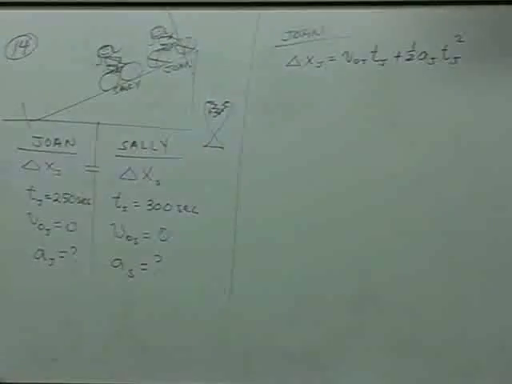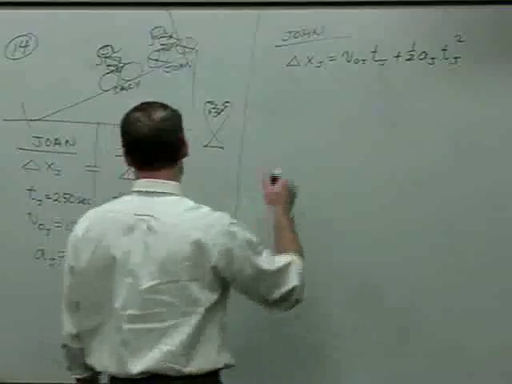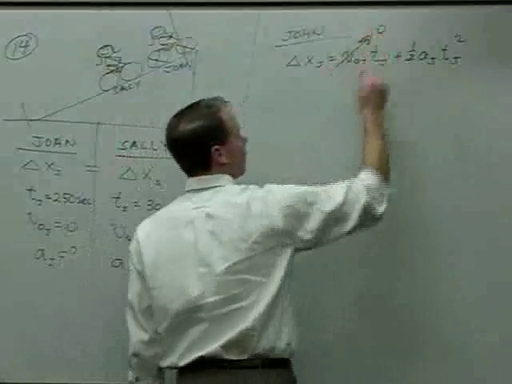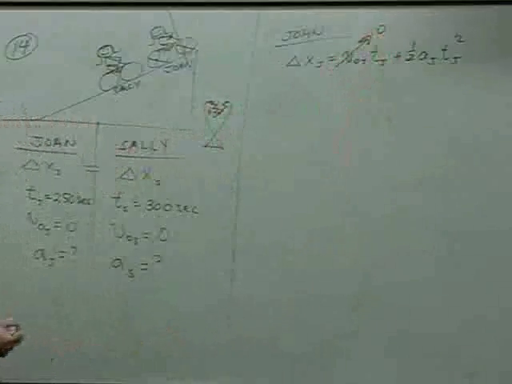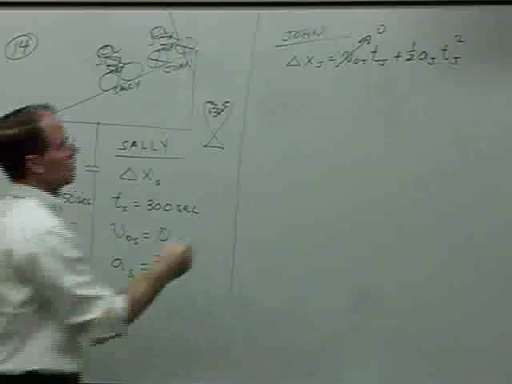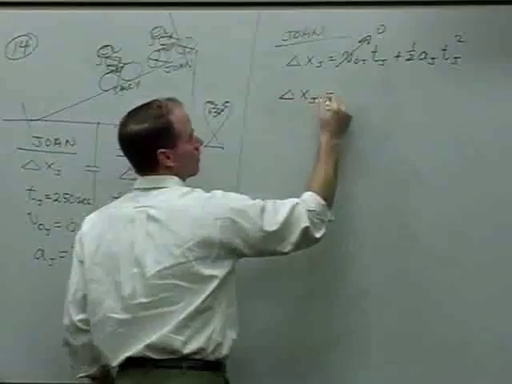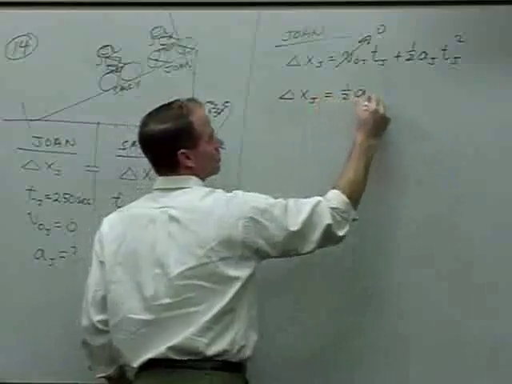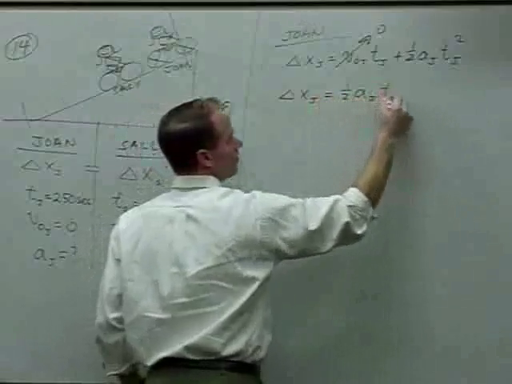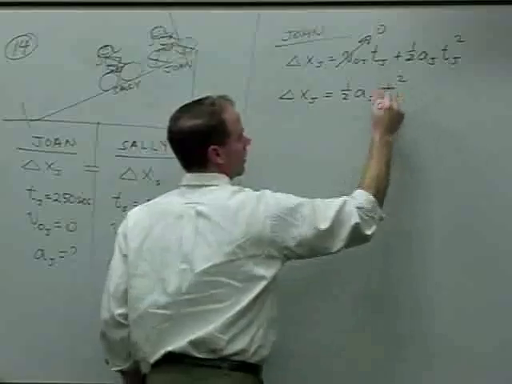They're doing their motion up this slope with whatever displacement per time. Initial velocity is 0, so that's going to help. So we have displacement for Joan equals 1/2 acceleration for Joan times time for Joan squared.